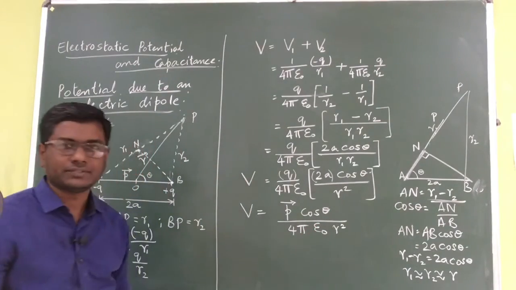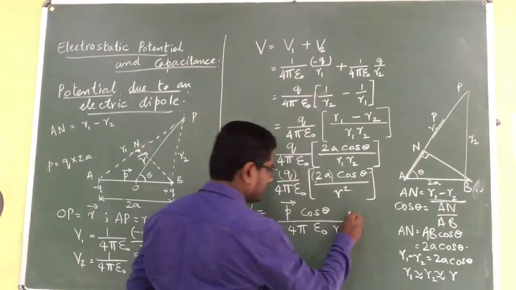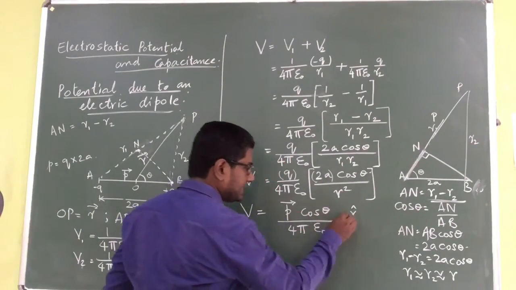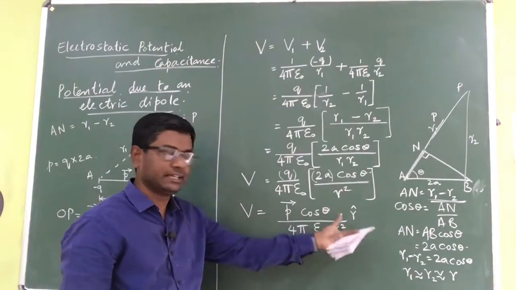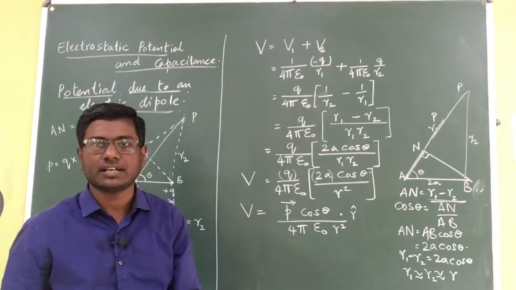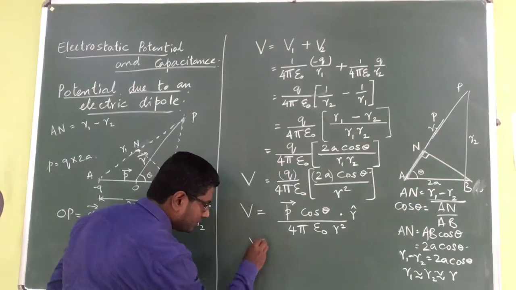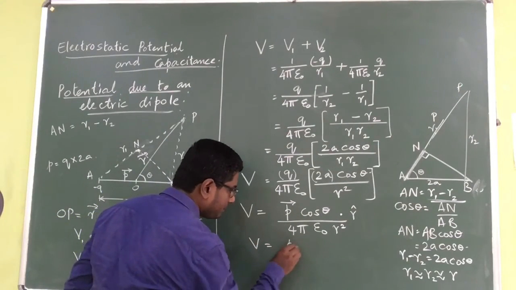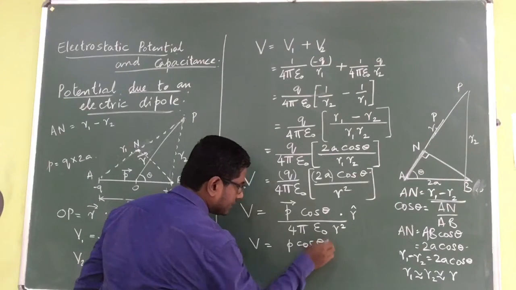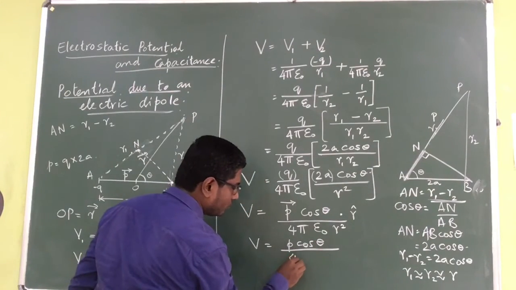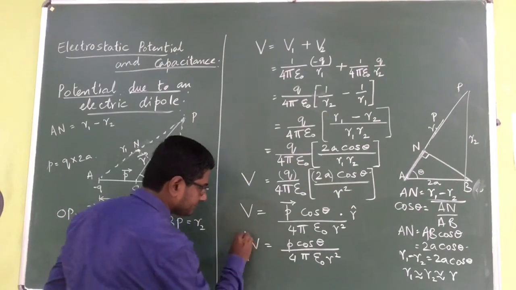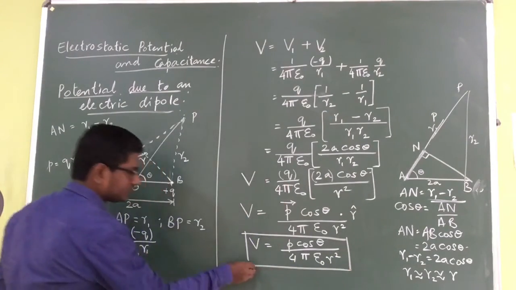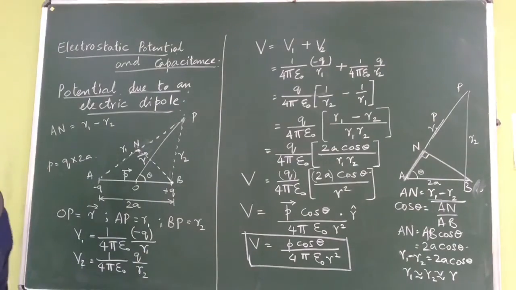Since there is a dot product, the result will be a scalar quantity. So the final equation is V equals P cos theta divided by 4 pi epsilon naught R square. That is my final equation.